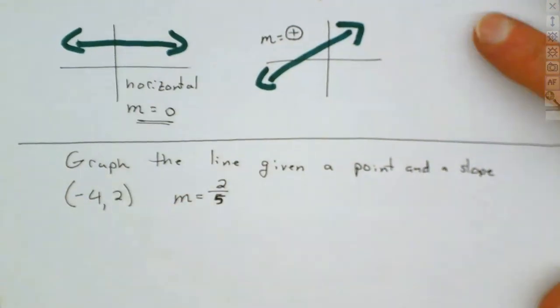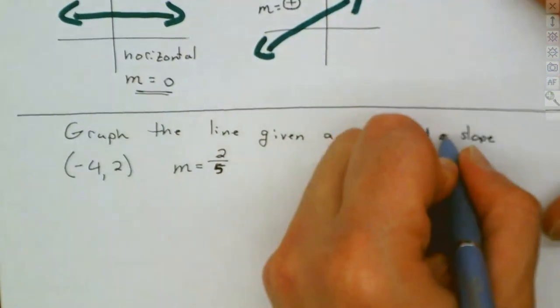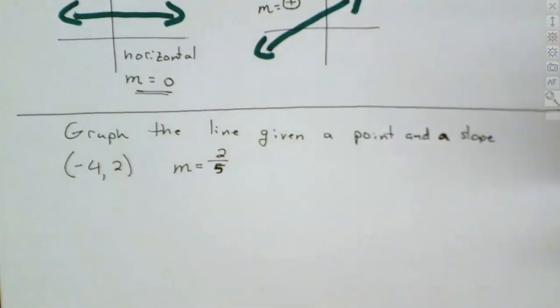Okay, so I want you to graph this line when you're given a point and a slope. So there are basically 3 ways that we can graph a line. We can graph a line when we have 2 points, we can connect them together. We can graph a line when we have a point and a slope, because that's basically 2 points. And we can also graph a line when we have an equation, which we'll talk about later today.